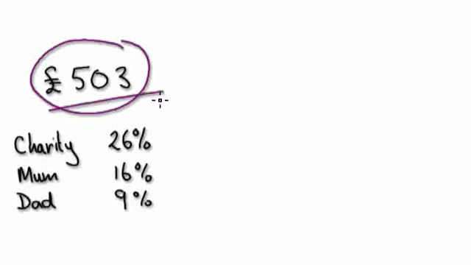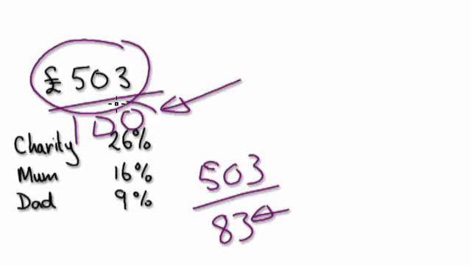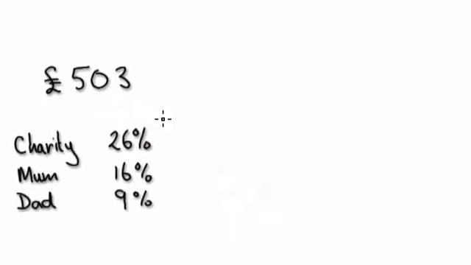You divide it into 100 pieces, and remember this number here is good because 100 is easy to work with. If you're on an alien planet or something, maybe they might use 83 pieces, but 83 is just a horrible number to work with. So let's stick to 100 because that's nice and neat.